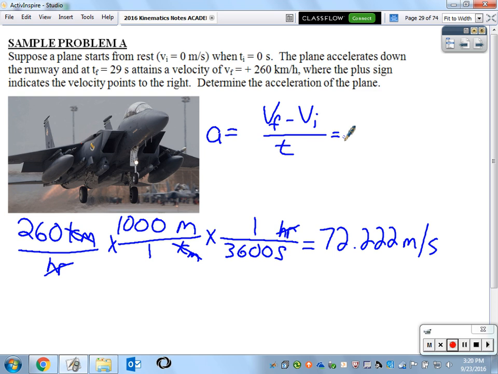I know that you're given a t initial and a t final, but the reality is we don't do it that frequently. We just state that it is a duration of time of whatever we need. Now that we know what we need, this will be pretty easy. Open parenthesis, our final velocity, which is 72.222, minus our initial velocity, which was zero, all divided by our duration of time from 0 to 29 seconds, it's just 29.